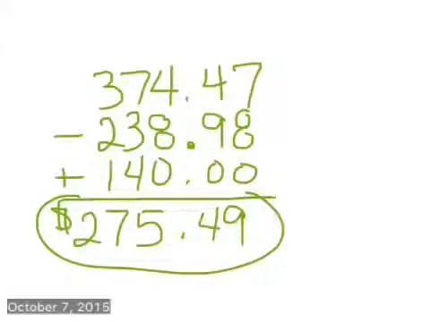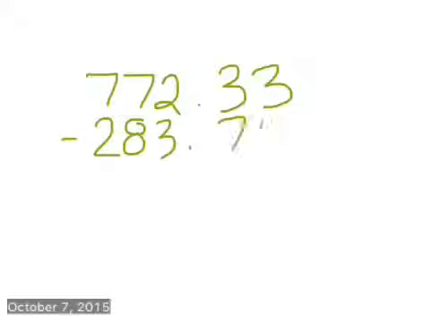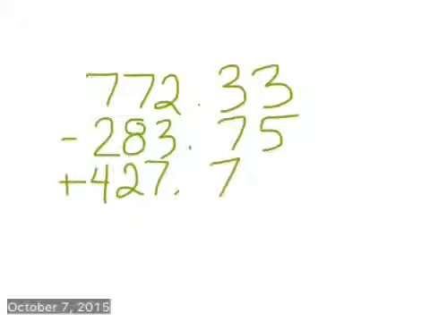Number two. The statement balance was $772.33. You had outstanding checks of $283.75, and you had an outstanding deposit of $427.75.